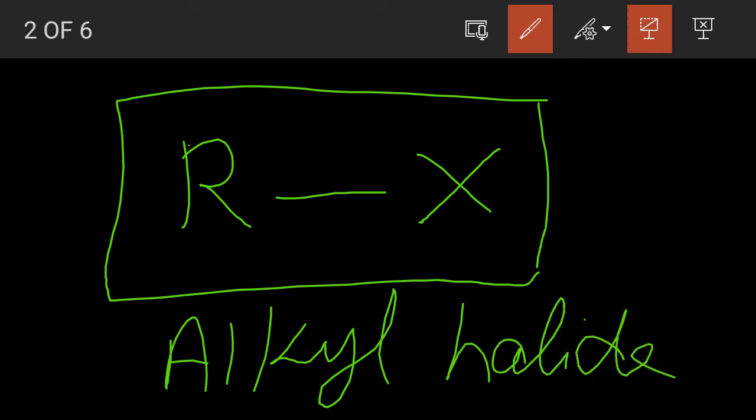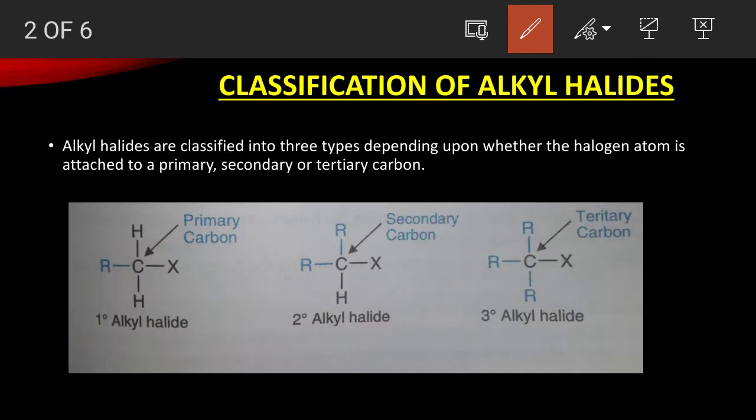and this is the general formula of the alkyl halide. We already discussed alkyl halides in our previous class. Now we will discuss the classification of alkyl halides. Alkyl halides are classified into primary, secondary and tertiary alkyl halides on the basis of which carbon atom the halogen atom is attached to.